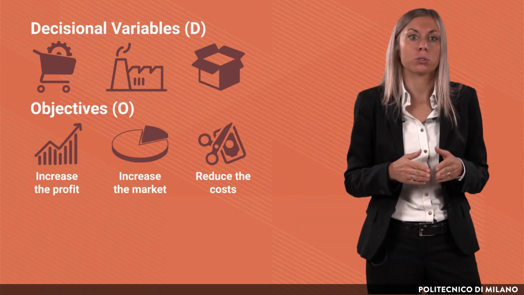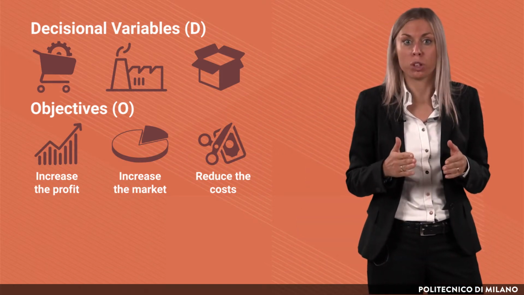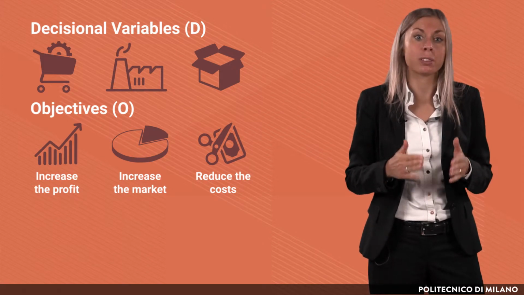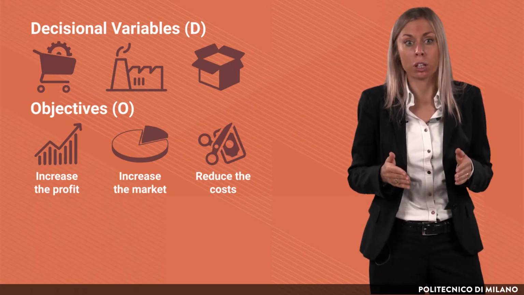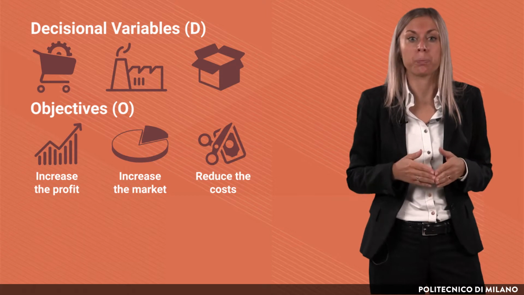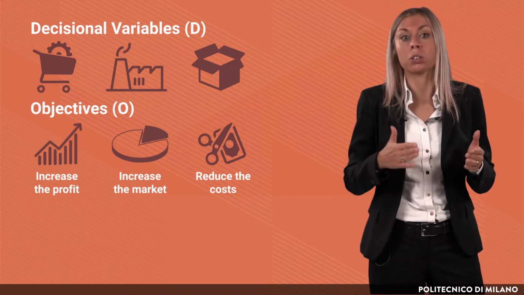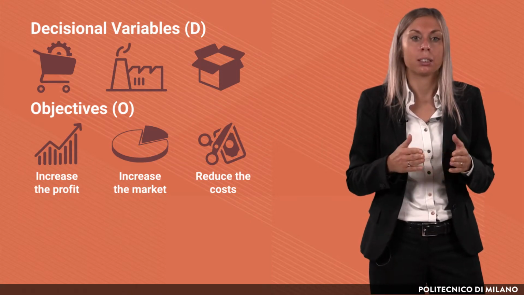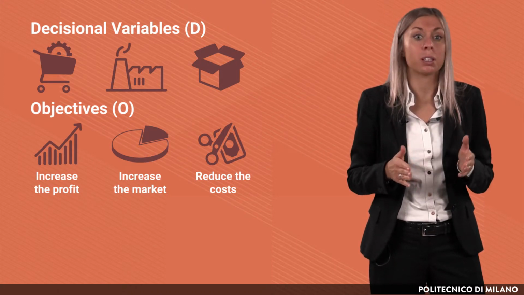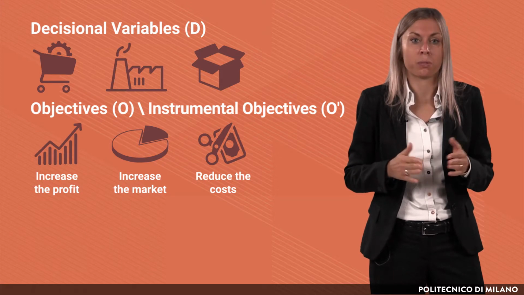Sometimes decisions do not impact directly on the final objectives, but some intermediate results are achieved, which are functional or enabling to reach the final goal. For example, to increase the turnover, it is necessary to increase the number of customers. This type of endogenous variable is called instrumental objectives.